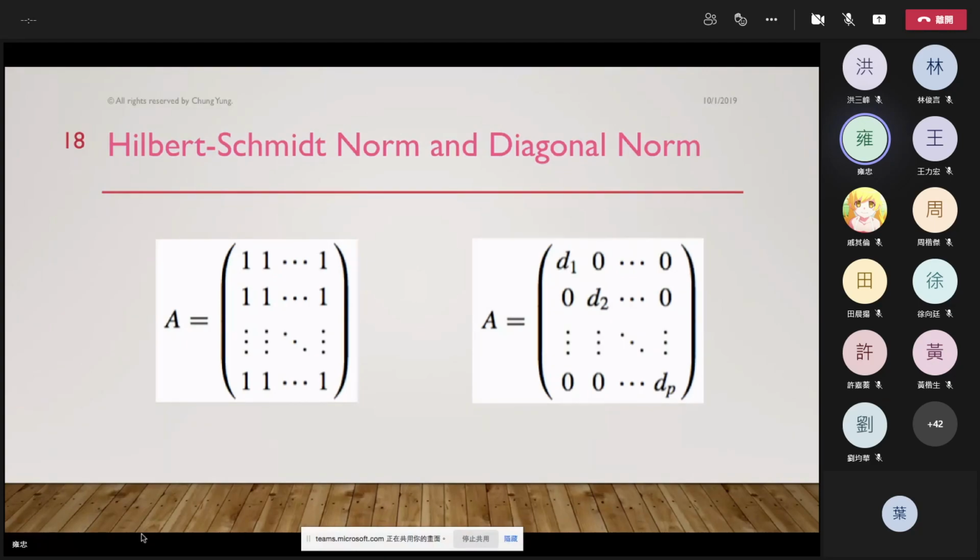They give the numbers from D1 to DP. All the other numbers not on this diagonal line are 0. It's called the diagonal norm. So it's a variation of the Euclidean norm.